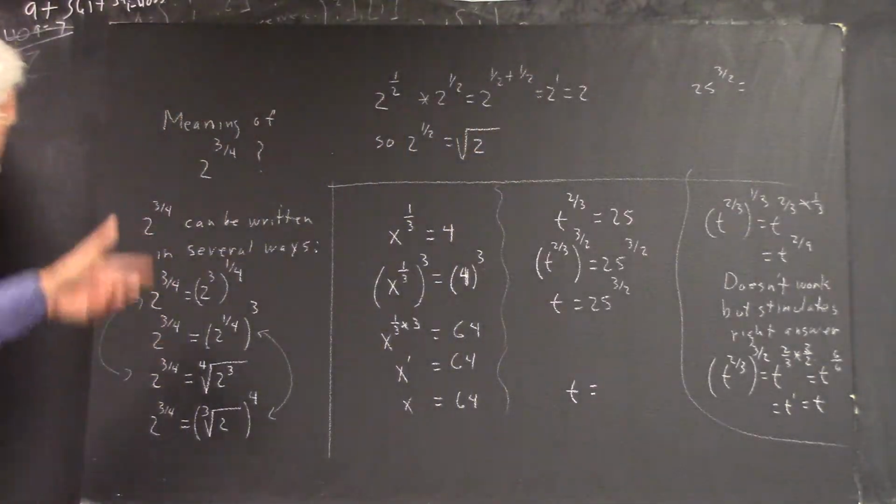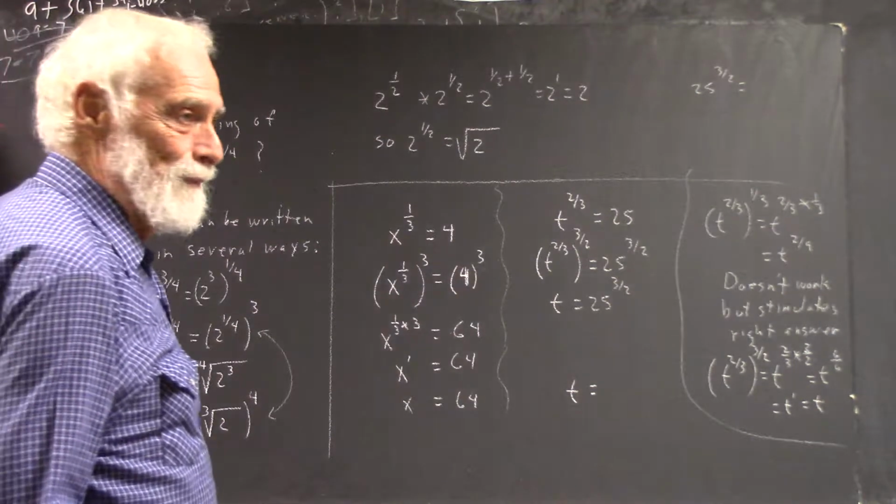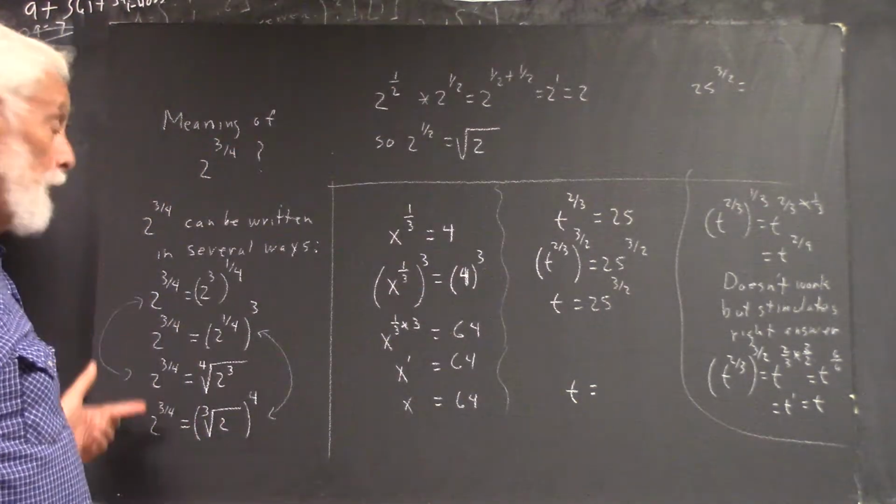What did I do over here? Square root of 25 to the 3rd power. Yeah, you cut right through the whole thing. Now, if you don't cut through the whole thing, you can go back to what I did here.